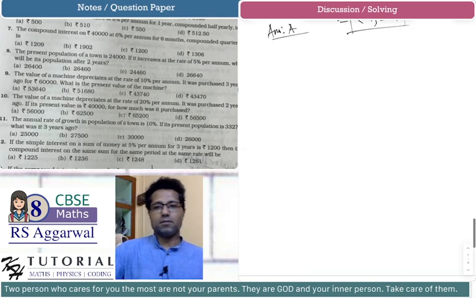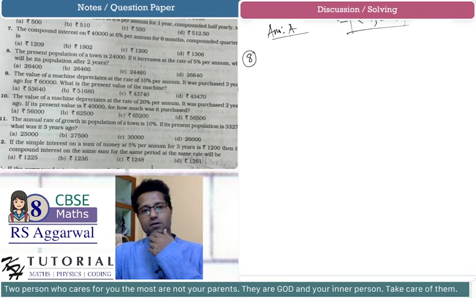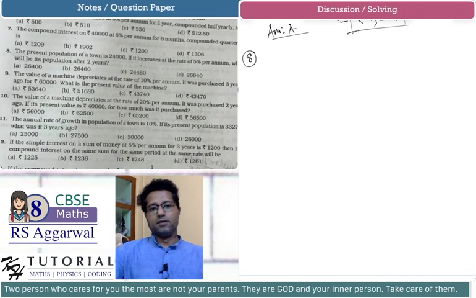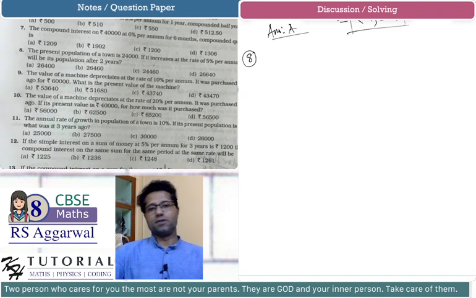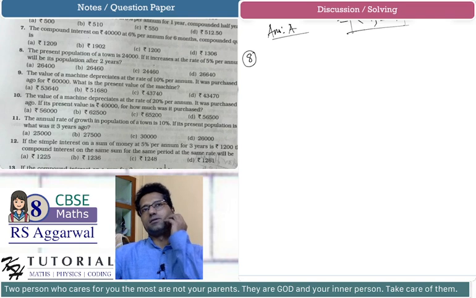Let's do problem number 8. The present population of a town is 24,000. If it increases at the rate of 5% per annum, what will be its population after 2 years? So this is an application of compound interest, that is a growth or decrease of some quantity. Now the population usually grows over time.